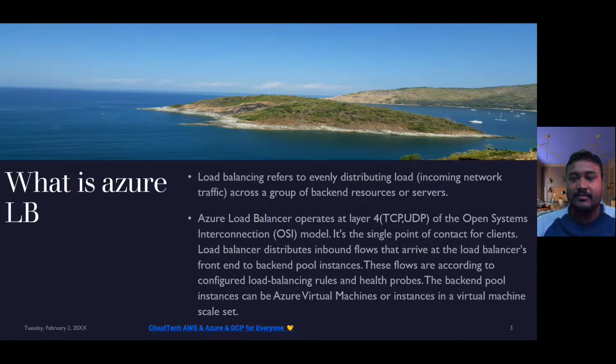Now you need a set of VMs. How that VM count increases and decreases is a different topic, which is part of auto scaling. Based on demand it is increased, vertically or horizontally.